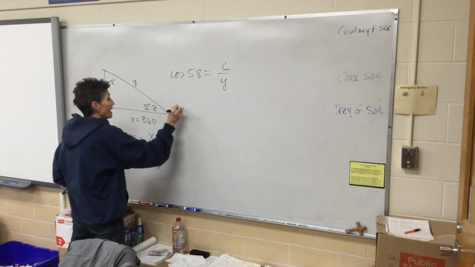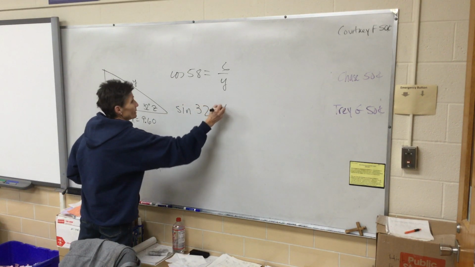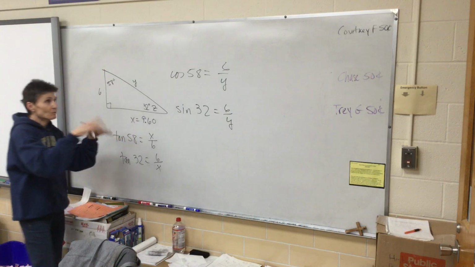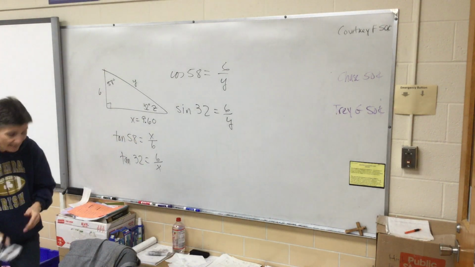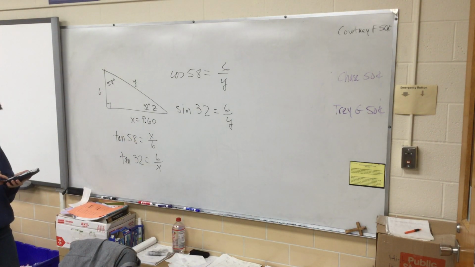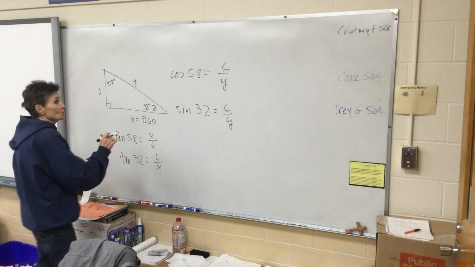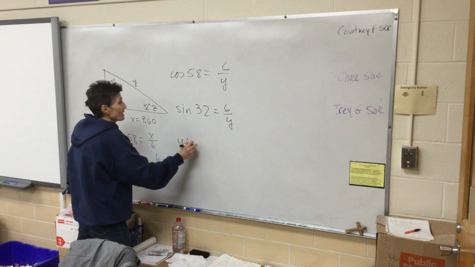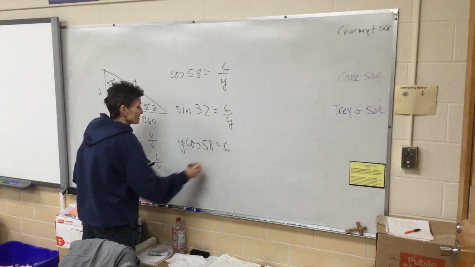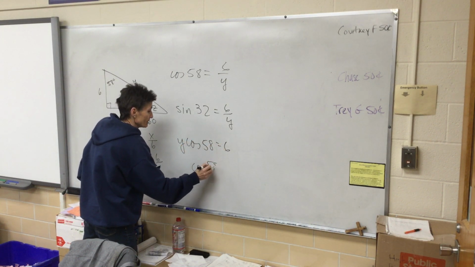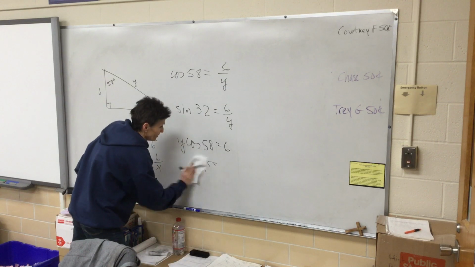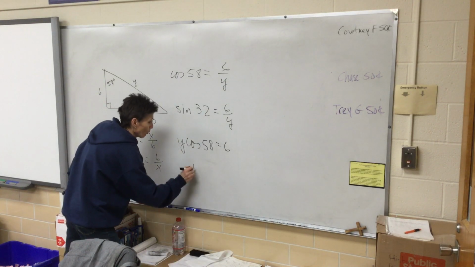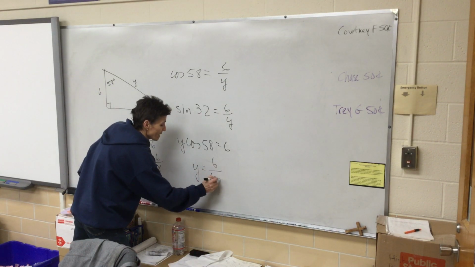Or I could say sine 32 equals 6 over y. Either one of those is going to give you the right answer. If I do the top one, y cosine 58 equals 6. So y equals 6 over cosine 58.